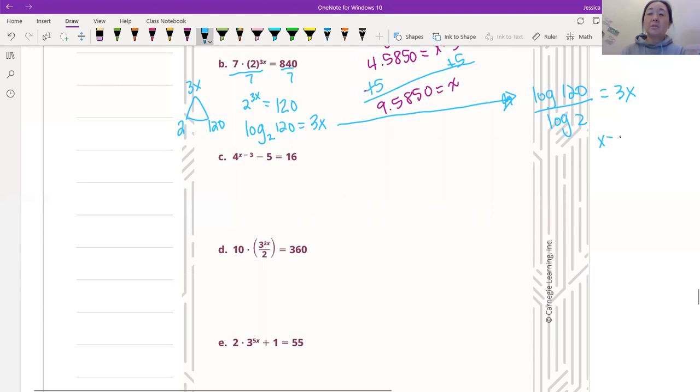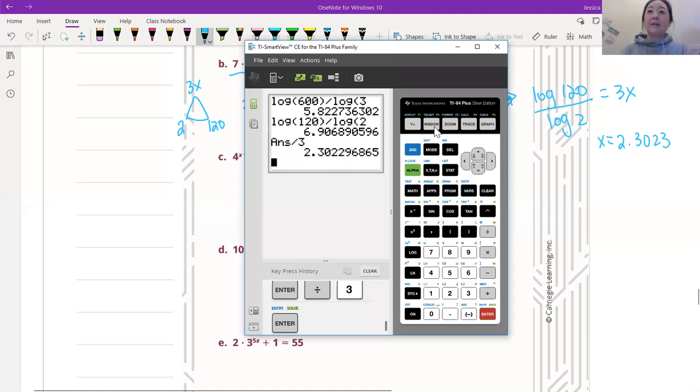So x is equal to 2.3023. Oh, shoot, I forgot what the numbers were. I think it was 2.3023. Let's check. Oh, yes, there we go.